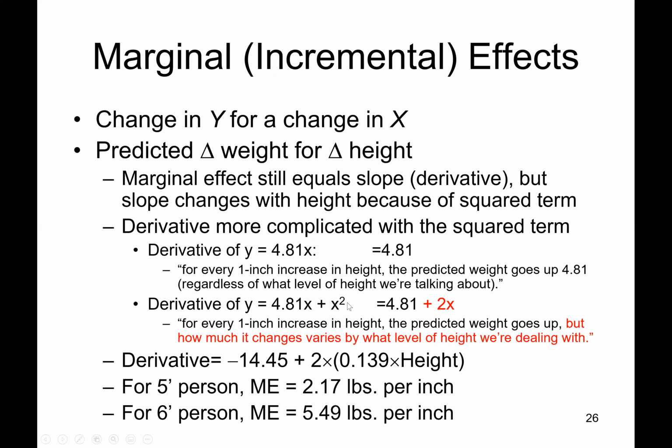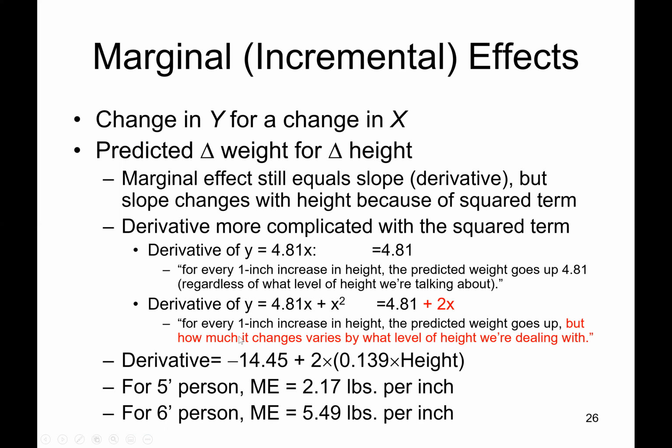However, if you have a quadratic term, as we do in our new model, you've got the derivative of y equals 4.81x plus some x squared. The derivative of a linear term is just the coefficient. But the derivative of x squared, as you may recall from your Calc 1 days, is 2x.